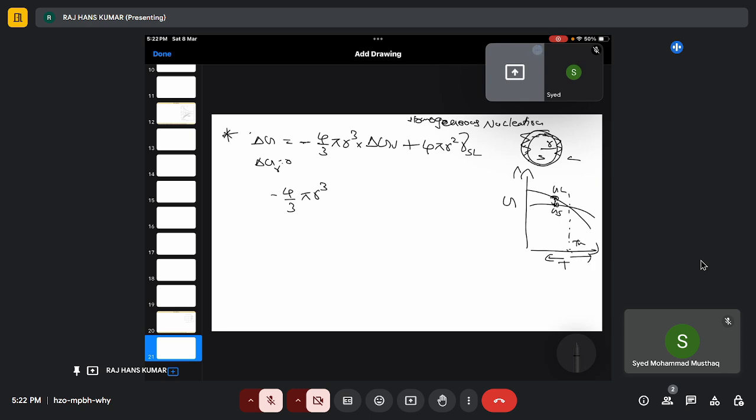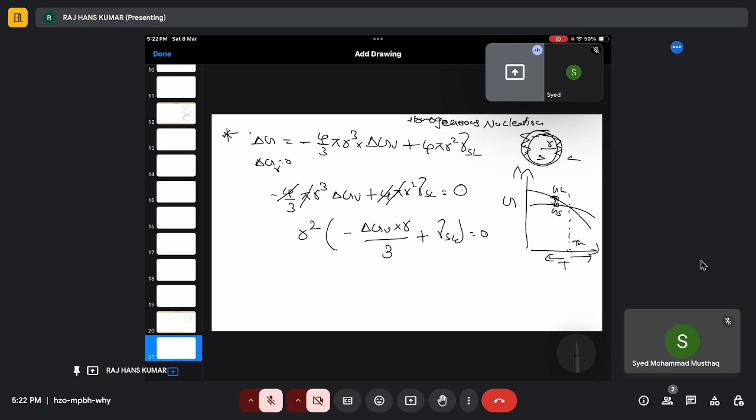Minus 4/3 pi R cubed times delta Gv plus 4 pi R squared gamma SL equals 0. The 4 gets cancelled, pi also will get removed. Then let's take R squared as common. We have R squared times minus delta Gv times R upon 3 plus gamma SL.